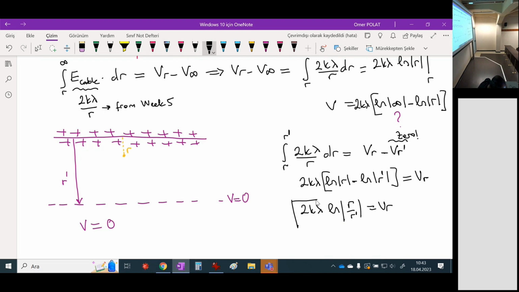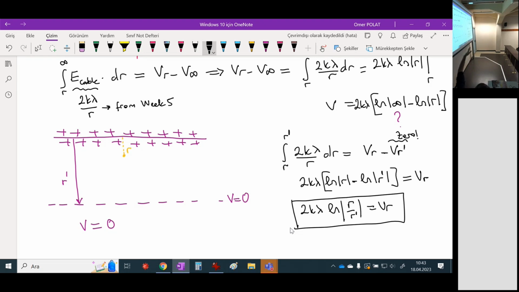Yes, I am writing according to R prime. I am defining the potential according to R prime. R prime is a critical value, and we can find R prime with experimental measurement. With an experiment, measure R prime and find at what position the potential drops to zero.